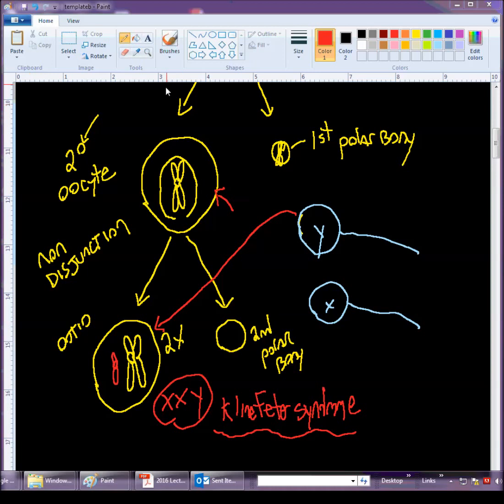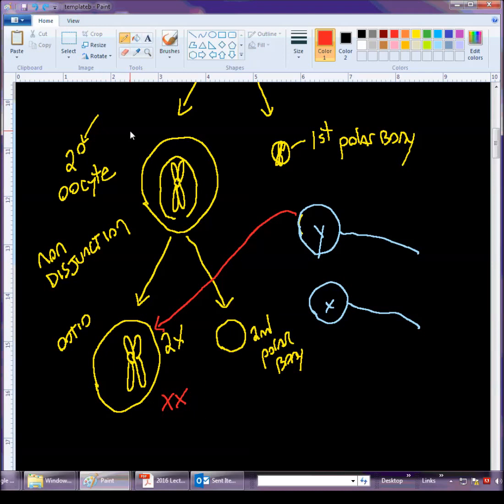So let's see how much I can erase here. Okay, looking good so far. Now I'm just going to manually erase the chromosomes inside this ootid.